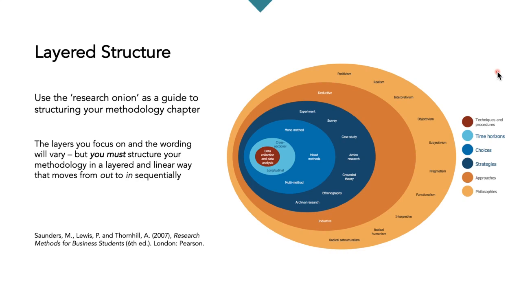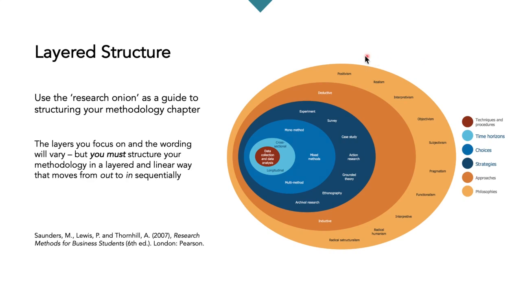This is known as a research onion. It's used in a variety of contexts, and generally speaking, it works across the board. It's rooted more in a business context, but it's not something I'm particularly interested in looking at in terms of the wording. So ignore the words and the language used here. Focus more on the idea of this structure.